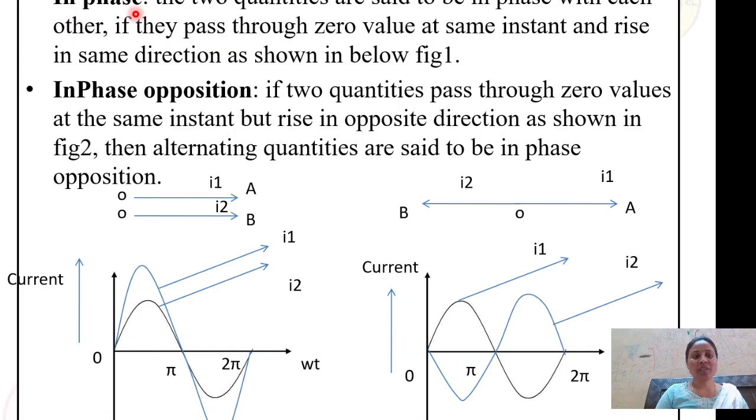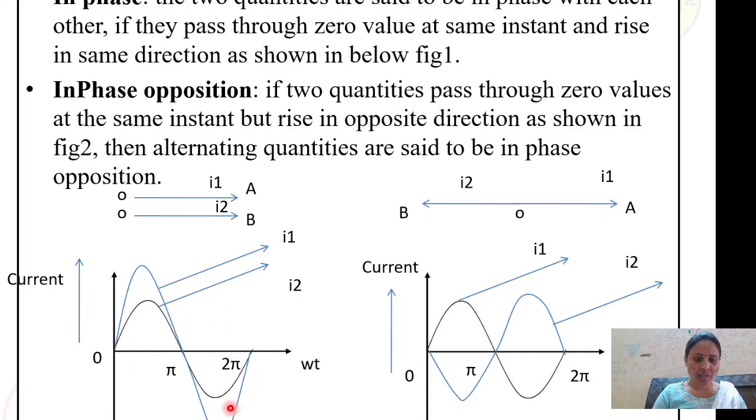That means two alternating quantities are said to be in phase with each other if they pass through the 0 value at the same instant and rise in the same direction, as represented in this diagram.